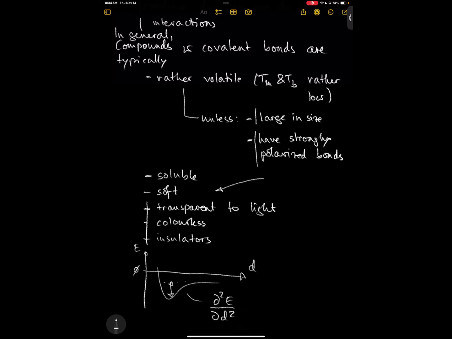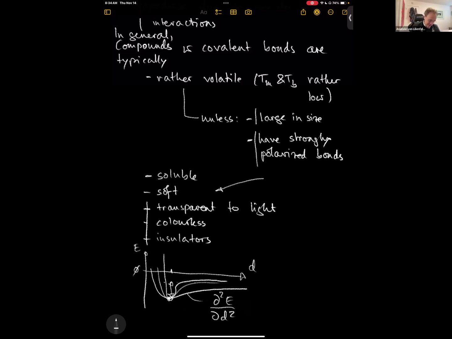And that's the curvature of such binding potentials. If you have a very shallow binding potential, or a very stiff one, as you can see here, they have the same interatomic distance and the same binding energy, but they change in curvature.